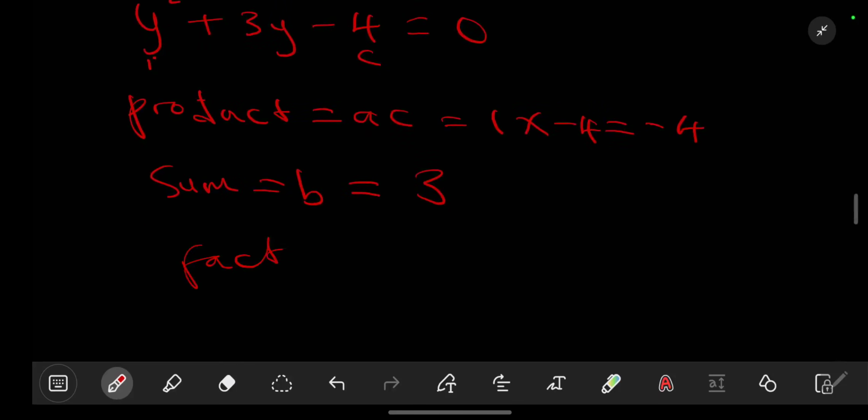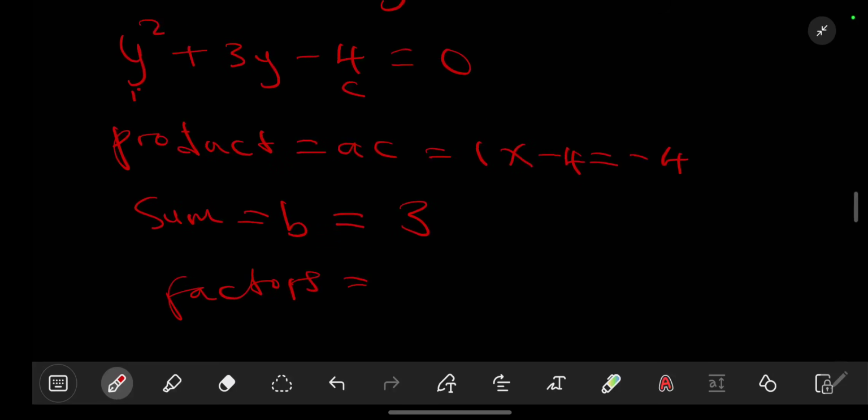Then our factors are 2 numbers which, when we add them, we get +3, and when we multiply them, they give us -4. These numbers are +4 and -1. If you add these, they give you 3. If you multiply them, -4.